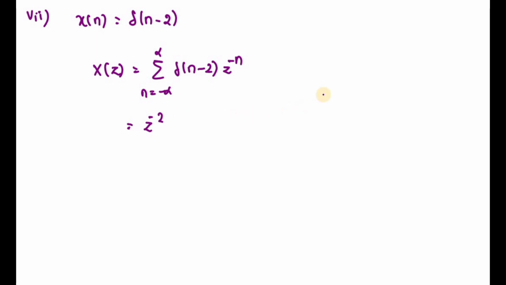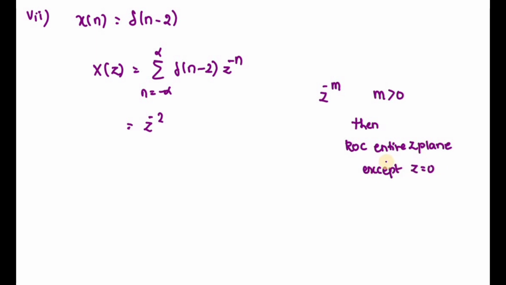So the formula is, if z power m, if the m value is greater than 0, then the ROC is the entire z plane except z is equal to 0.